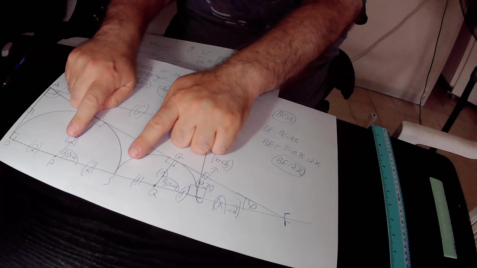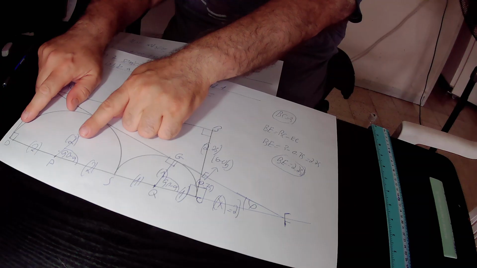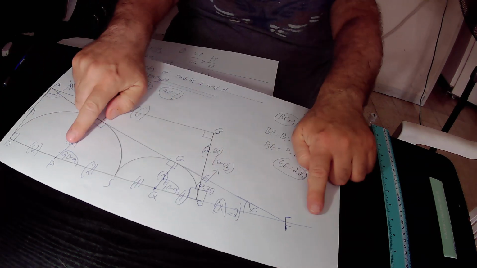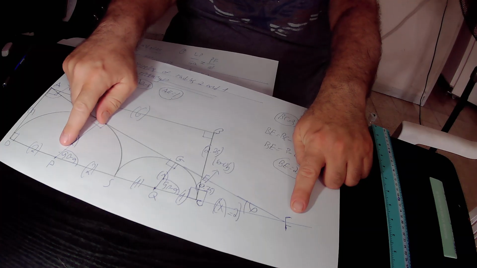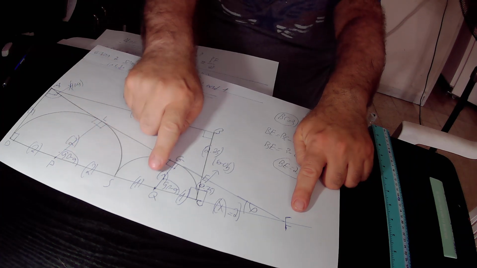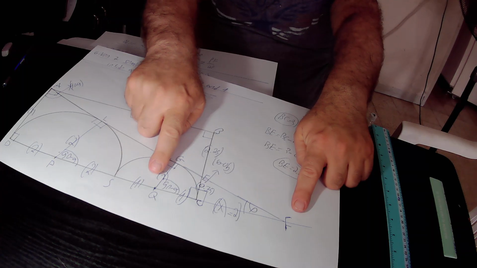SP is the radius of this big semicircle that is 2, and PD is also a radius of this big semicircle that is 2. So what is the length of PF? PF in total equals 2 plus 2 plus 1 plus X, that is 5 plus X, over QF. QF in total equals X plus 1.